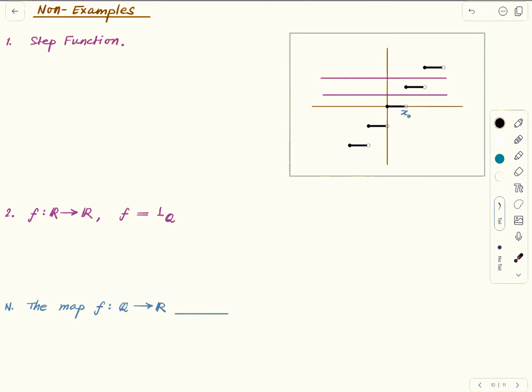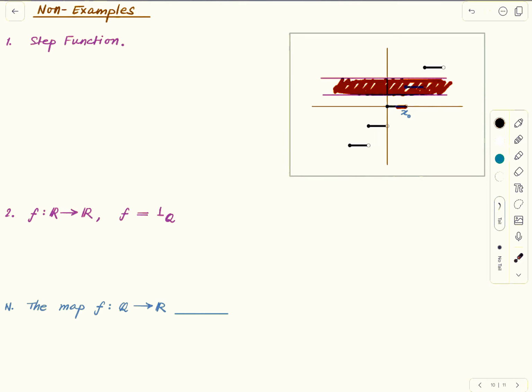Now, no matter what delta you choose, some points in the graph of the function, when you restrict the function to this delta neighborhood, are outside this epsilon band. Which points? These points. The points on the left side of x0 do not lie inside here.